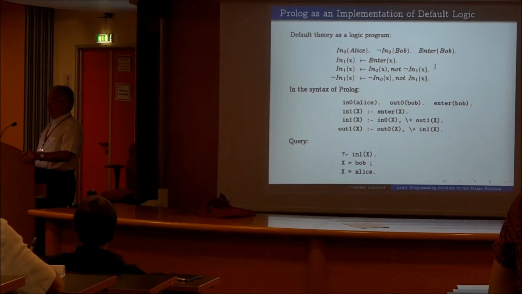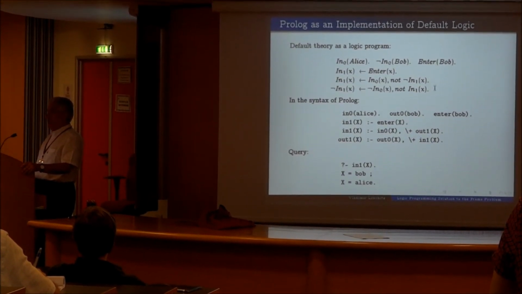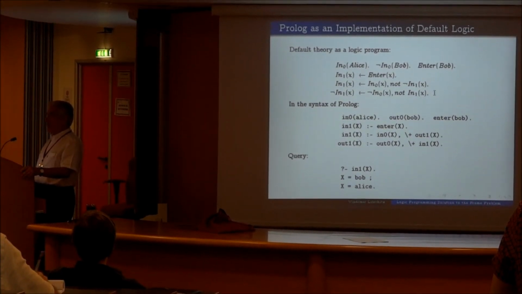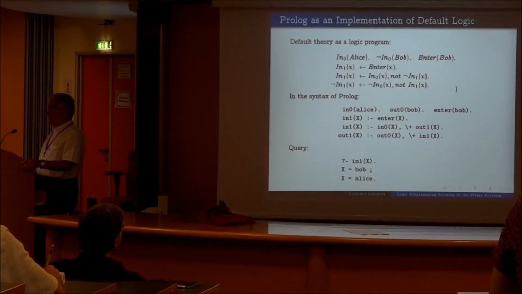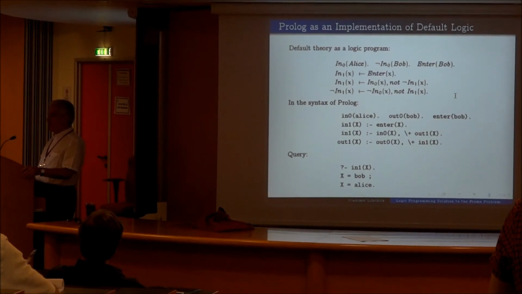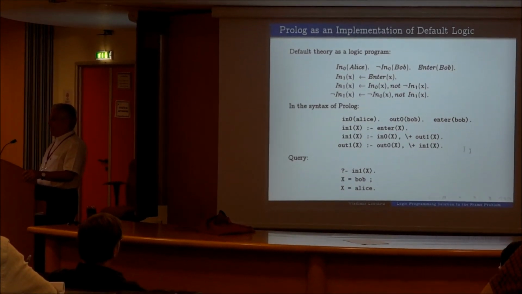And then Reiter's frame default written in the syntax of logic programming. What you have here is a logic program that is almost ready for execution. If you really want to write it in the syntax of Prolog, this is what you have to do.